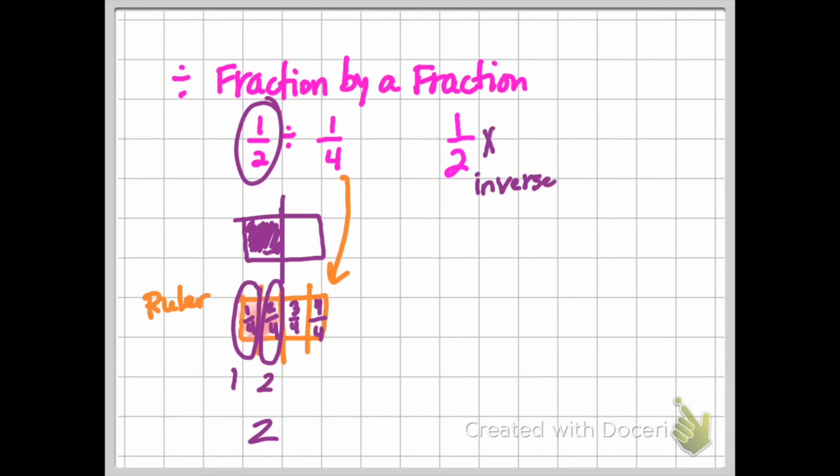And because I changed the symbol to multiplication, I also need to find the reciprocal, which is flip, 4/1. And from here I can multiply straight across. 4 divided by 2 is 2.